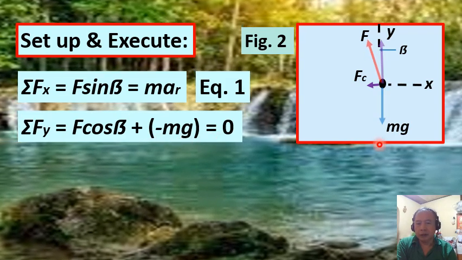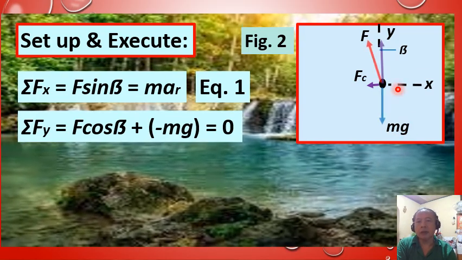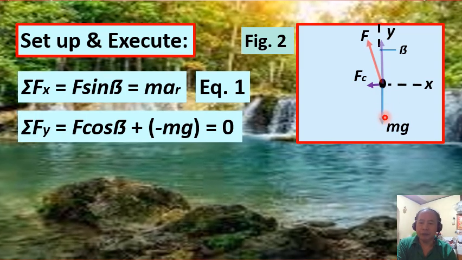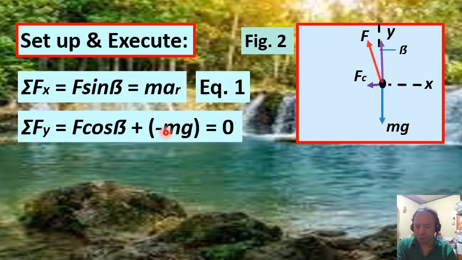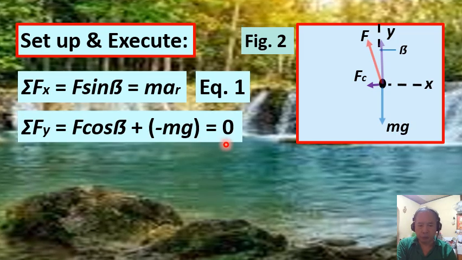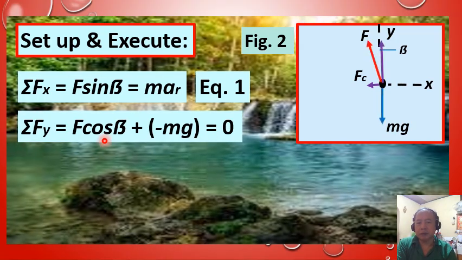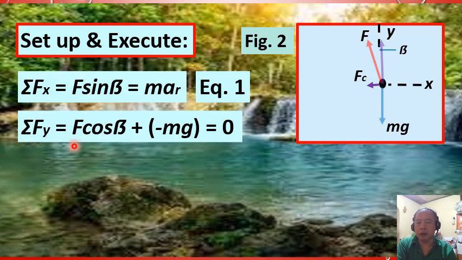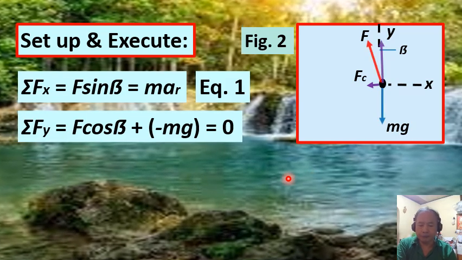And these two forces along the vertical are equal but opposite in direction and acting on the same body, which is the bob. So therefore, we can say that the net force along the y must be equal to 0. We say furthermore that the magnitude of F cosine beta, or the y component of the tension force F, is just equal to the weight of the bob.